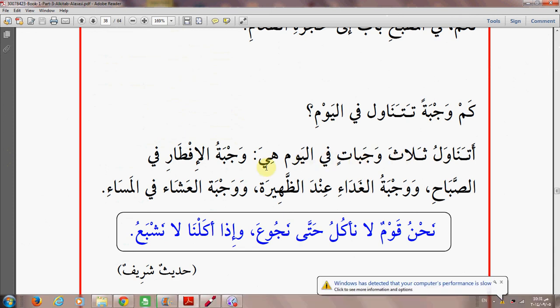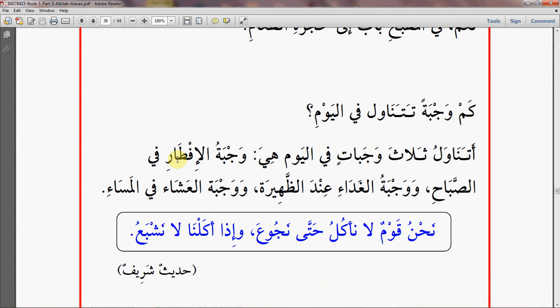هي, they are وجبة الإفطار, the breakfast meal. الإفطار means the breakfast. وجبة الإفطار في الصباح. Okay, so the breakfast meal in the morning. في الصباح means in the morning. ووجبة الغداء عند الظهيرة. Here the first واو means and.